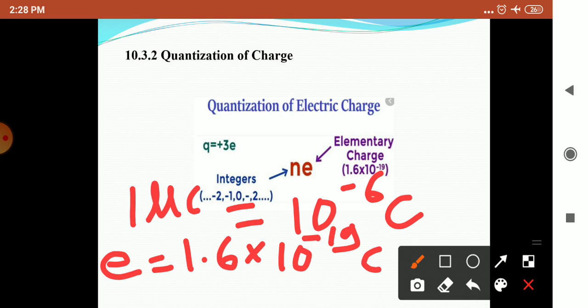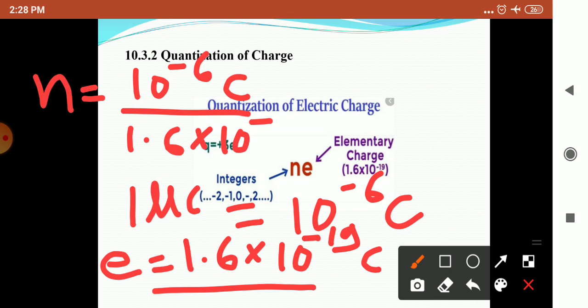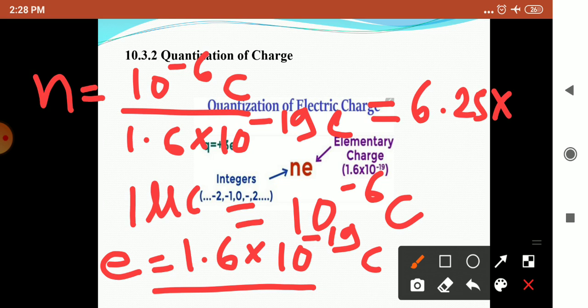The number of elementary charges on the glass rod is given by, now we put in the values, N equals 10 raised to minus 6 coulomb upon 1.6 into 10 raised to minus 19 coulomb, which is equal to 6.25 into 10 raised to 12.